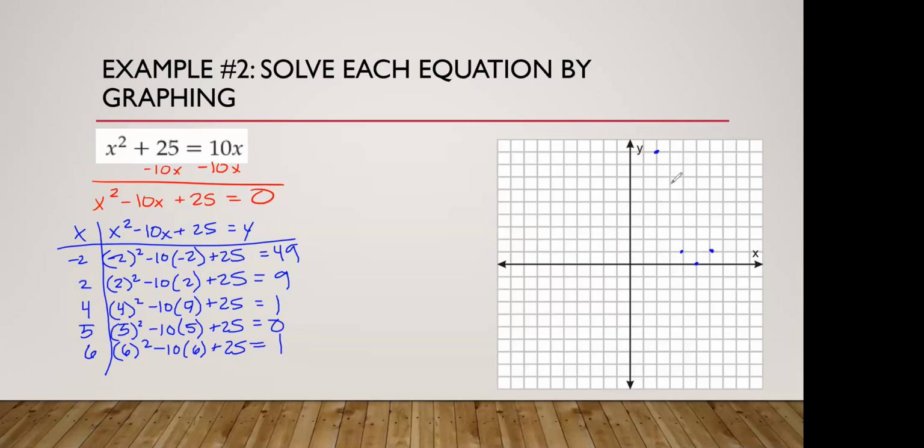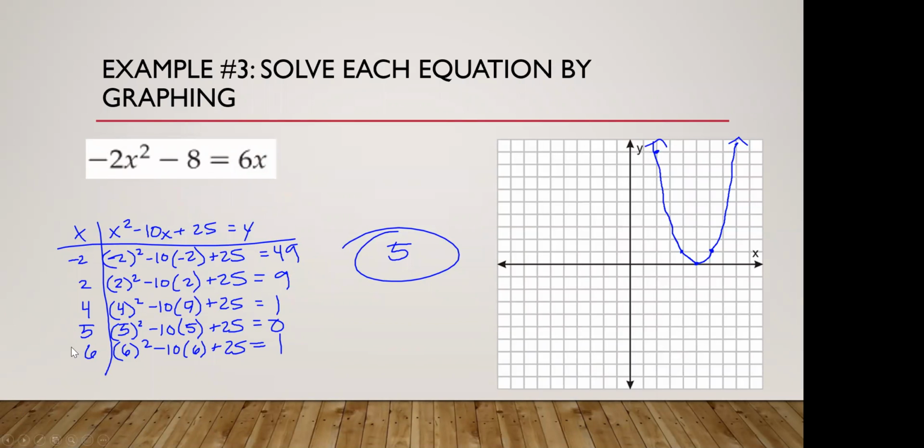Okay, so looks like my parabola is touching the x-axis, and that's where the vertex is going to be. So my only solution is positive 5. Okay, so this is a case where we just have one solution because the vertex happens to be right on the x-axis.